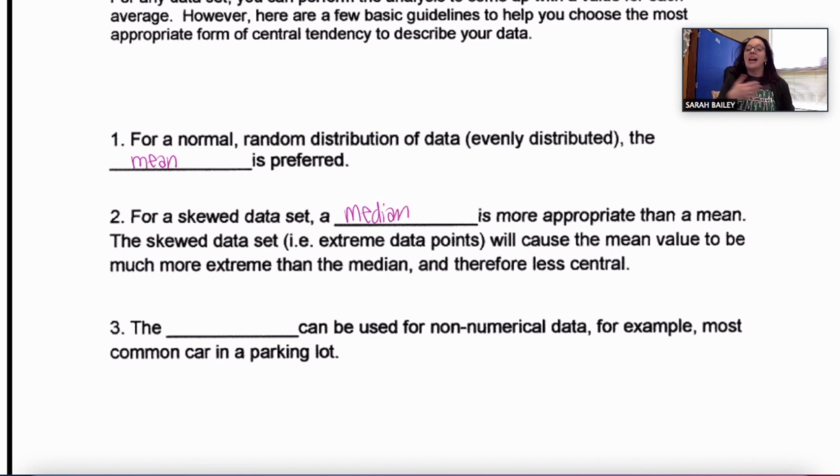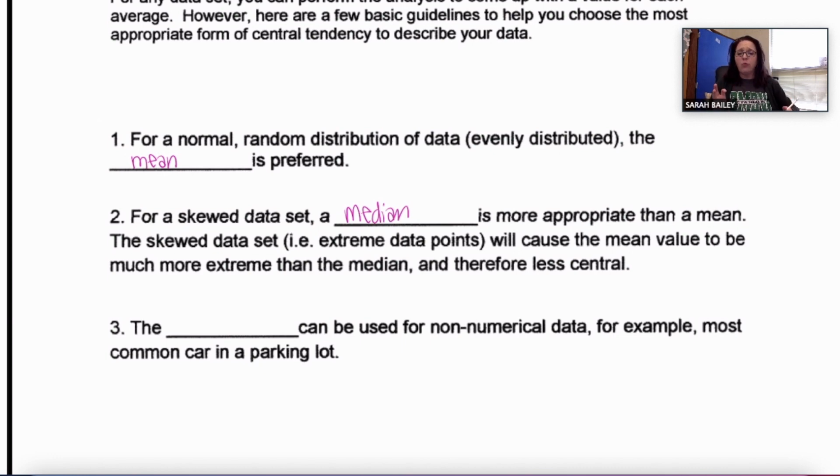A skewed data set is one where we have extreme data points, and that causes the mean value to be much more extreme than the median and therefore less central. So if you have a bunch of data that's skewed high, but you have a few data points that are low, or vice versa, then a median may be better. But if most of the data is around the same area, then mean is what you want to use.